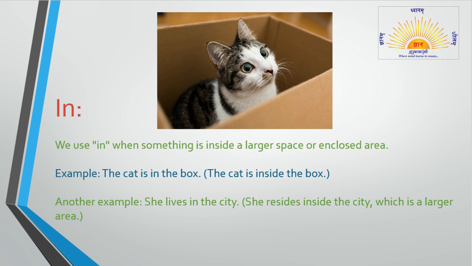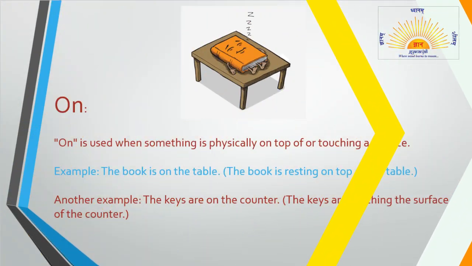Now, when to use on? On is used when something is physically on top of or touching a surface. I am emphasizing it, that something that is on top of, and it should be touching the surface of that thing. Example, the book is on the table.